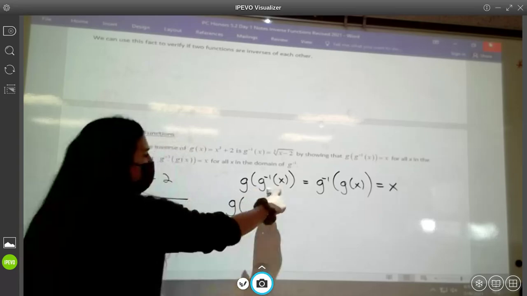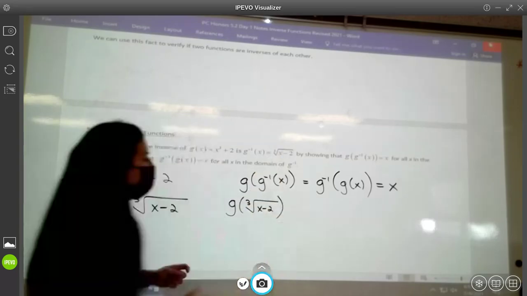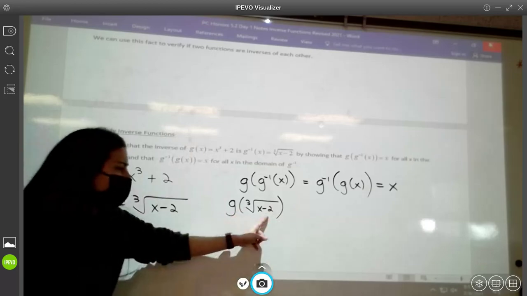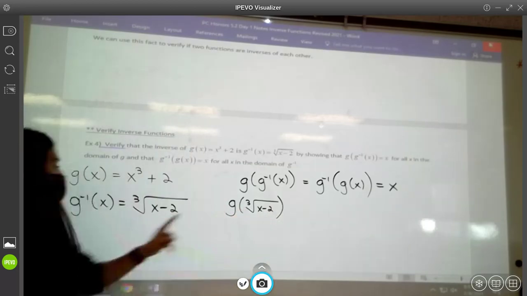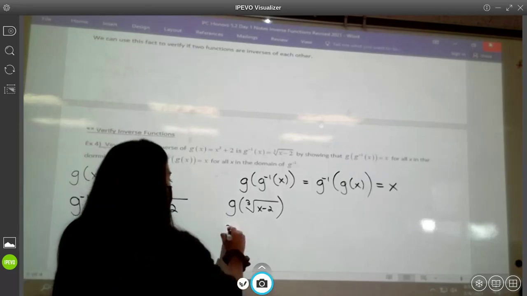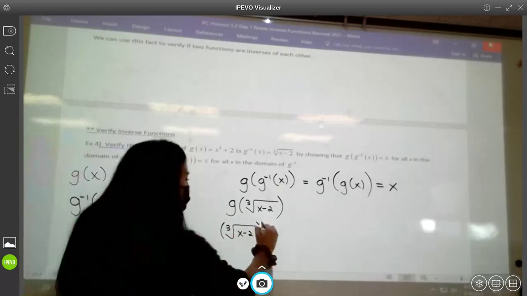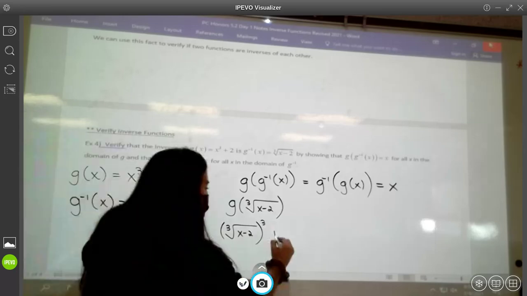So g of, who's the inverse? The third root of x minus 2. So we're going to plug the third root of x minus 2 into function g. So guys, go to function g, take x out, put the third root of x minus 2 in. And then it's got to be raised to the third power, and then we've got to add 2.